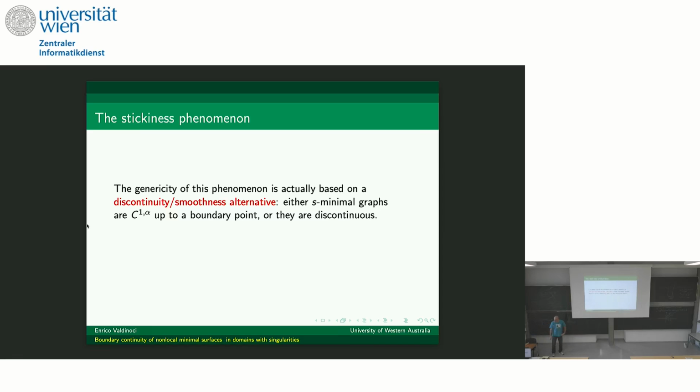This is a little bit tricky, and making this proof work basically requires a boundary analysis that we call dichotomy. So we have an alternative between discontinuity and smoothness at boundary points.